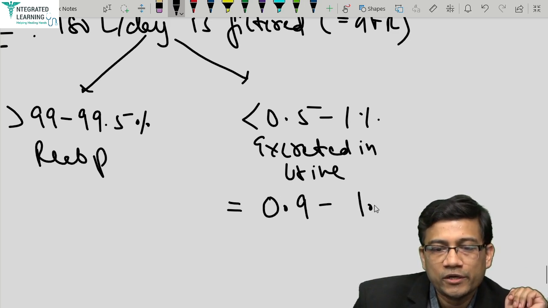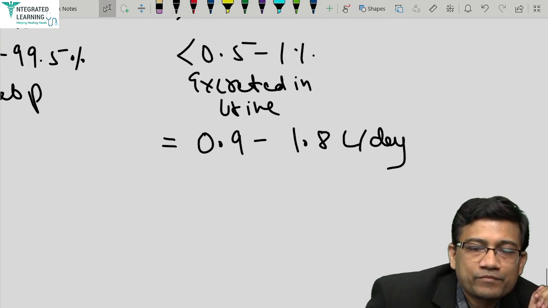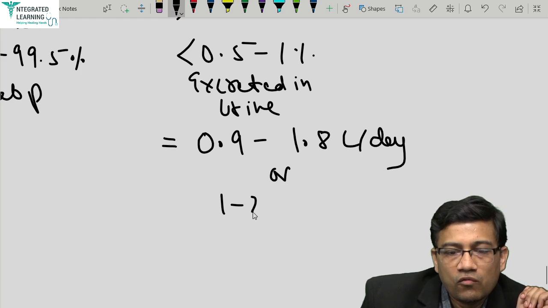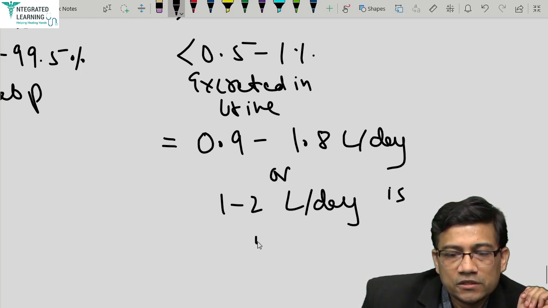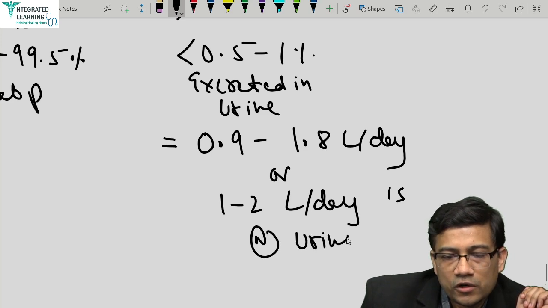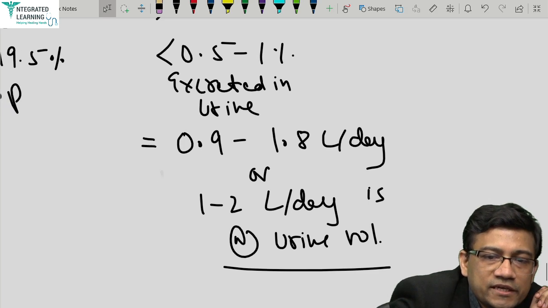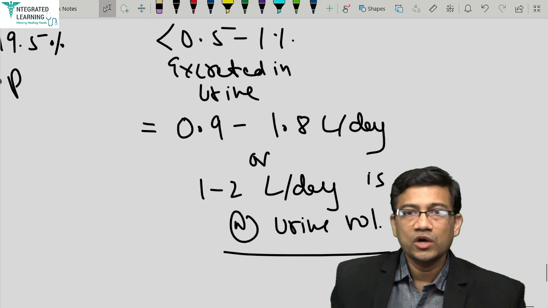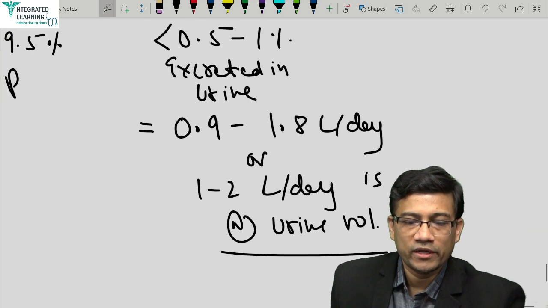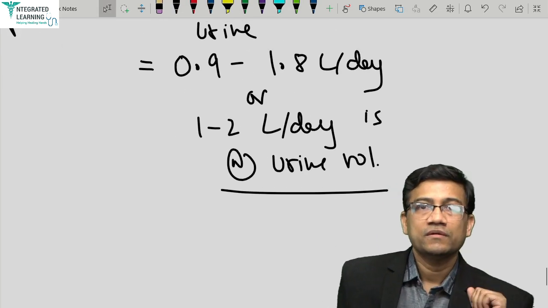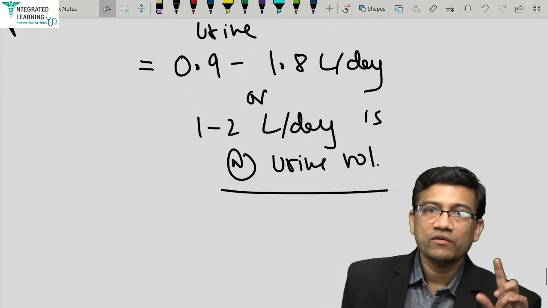So 0.9 to 1.8 liters, or 1 to 2 liters a day, is the normal urine volume. You get this by taking 1% of the total filtered value.